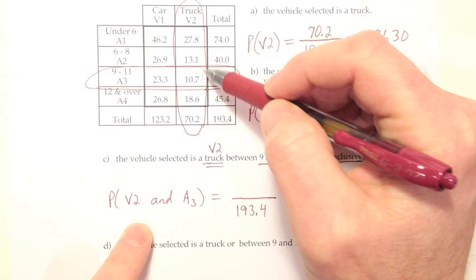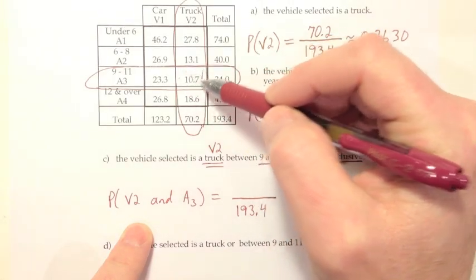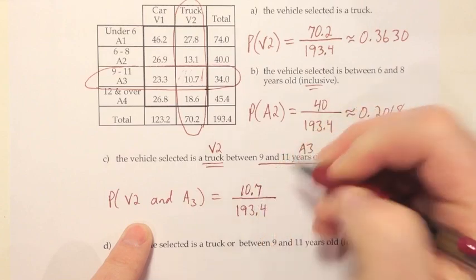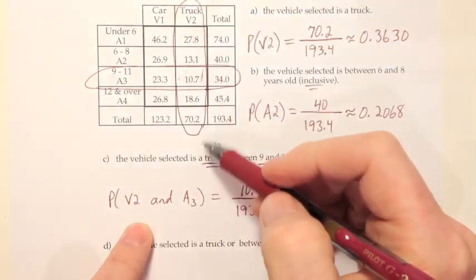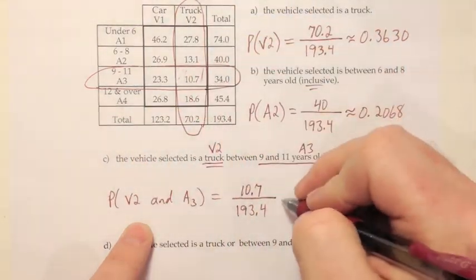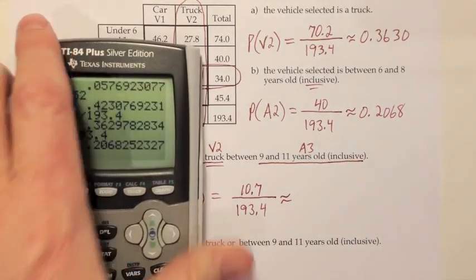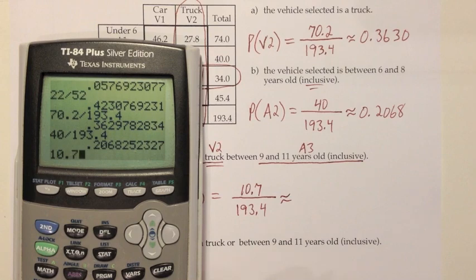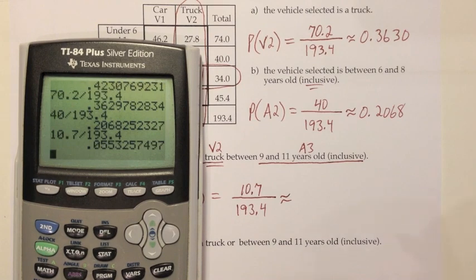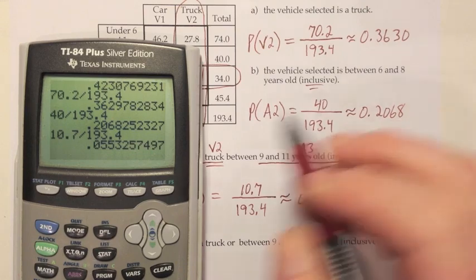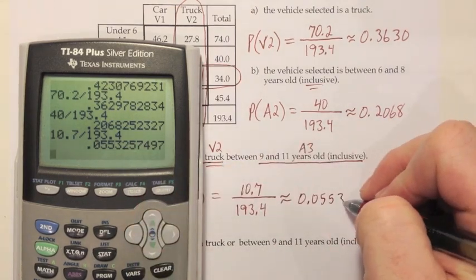And that would just be this square right here being the overlap. So it looks like there's 10.7 things that are both in A3 and in V2, and that would only be the overlapping stuff. And then we can finish that off with the decimal. So 10.7 divided by 193.4, and we get 0.055, and it's a 3 followed by a 2, so I'll just leave that as a 3.